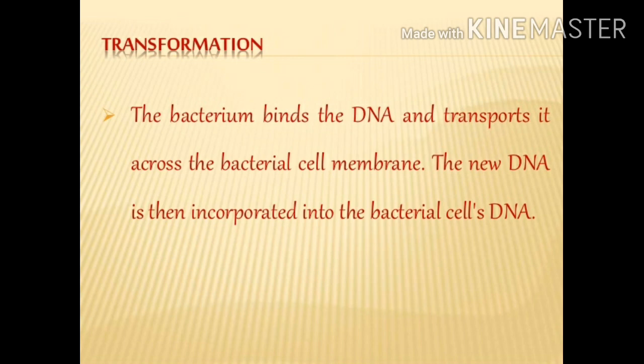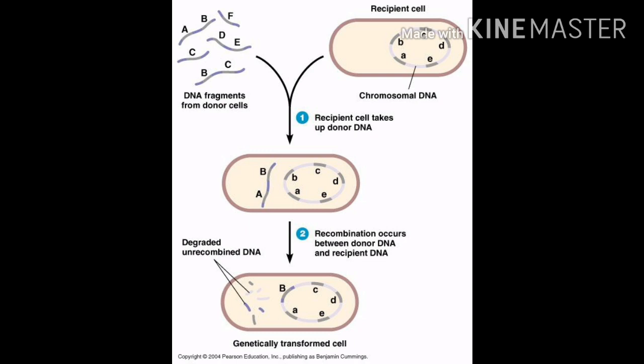I will explain with the help of this diagram. See, this is the DNA fragments from donor cells, and these fragments are taken up by another bacterium, and this process takes place through the liquid medium.